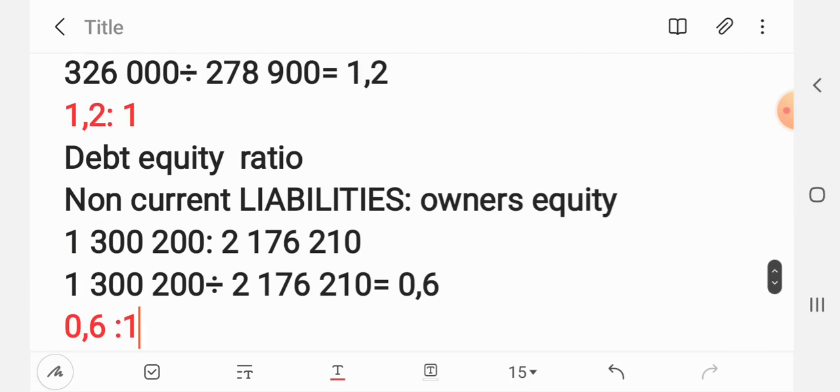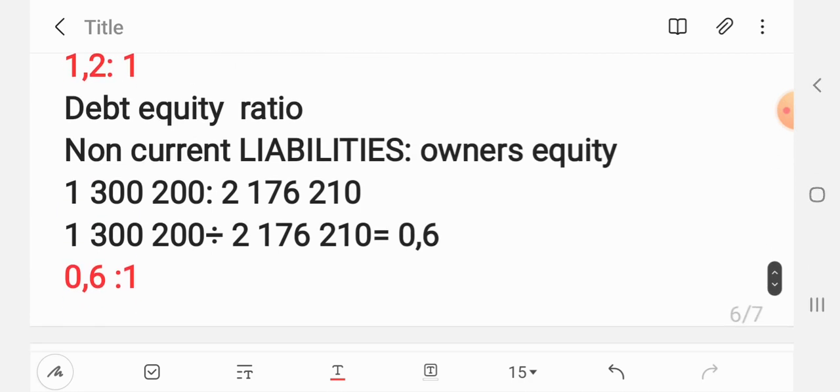As you can see, owner's equity is more than debts. You're trying to check how much debt the business has. So it has little debt as compared to owner's equity. It's not a percentage, it just says 0.6 is to 1.